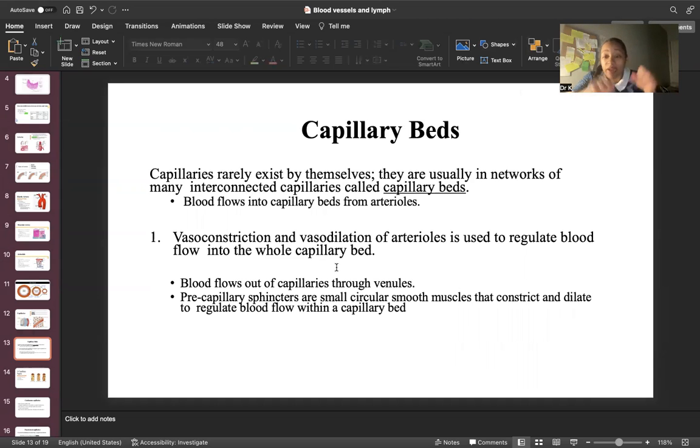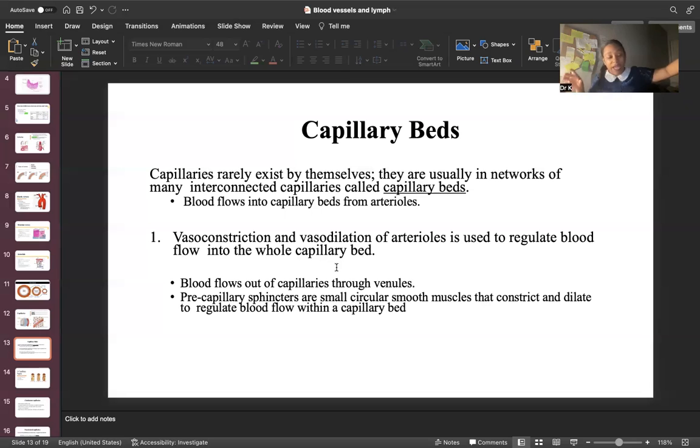Because if they don't have that vasoconstriction and vasodilation, what do you think is going to happen? Your blood vessels are just going to stay put, right? These dilation changes are what tell them to go forward. It's kind of like pumping something, like a hose that has water going through it.